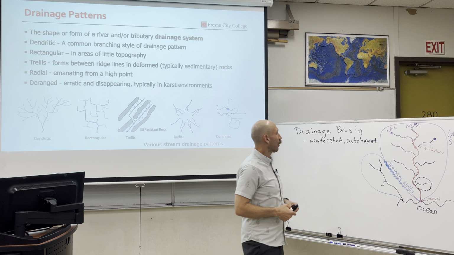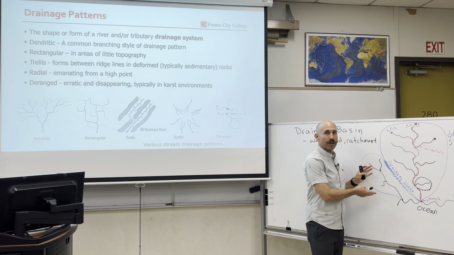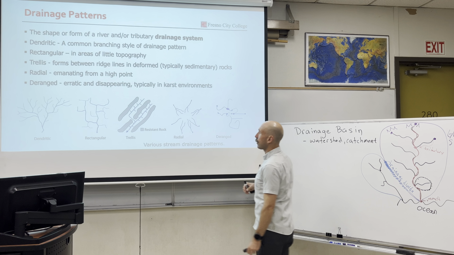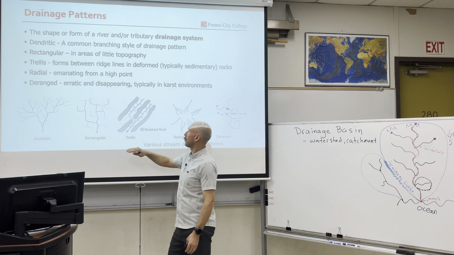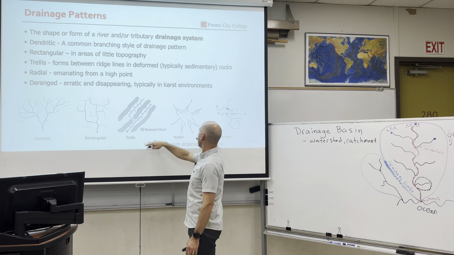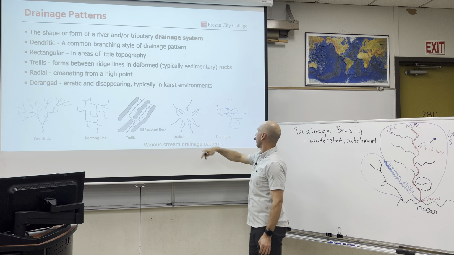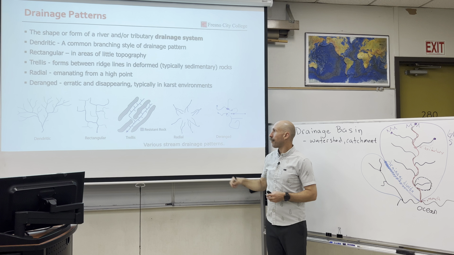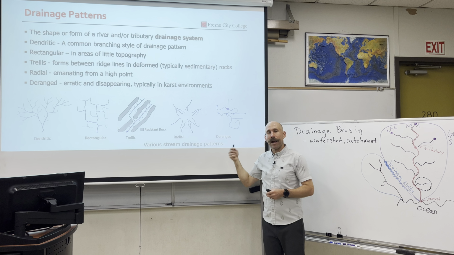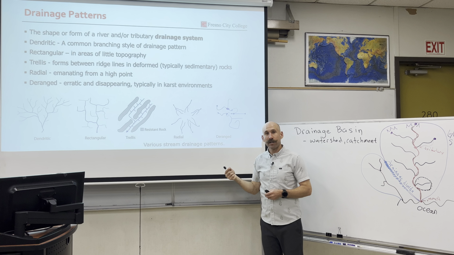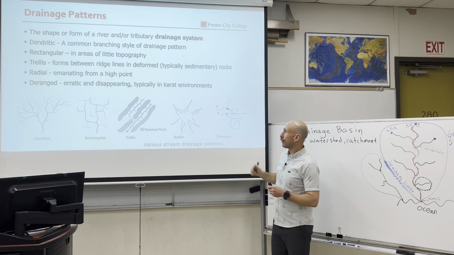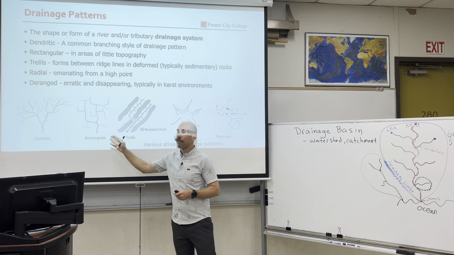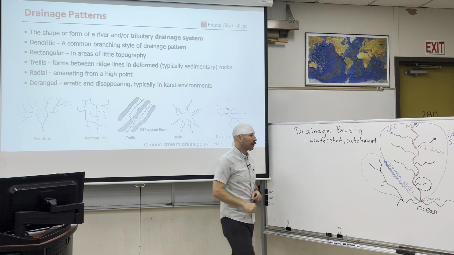What I've drawn here is known as a dendritic drainage pattern, probably the most common type that there is, but we have other types: rectangular, trellis, radial, which occur around volcanoes, and deranged. Essentially, the local geology and the characteristics of rock type, elevation, slope, all of these other features are going to determine what type of drainage pattern you would experience.